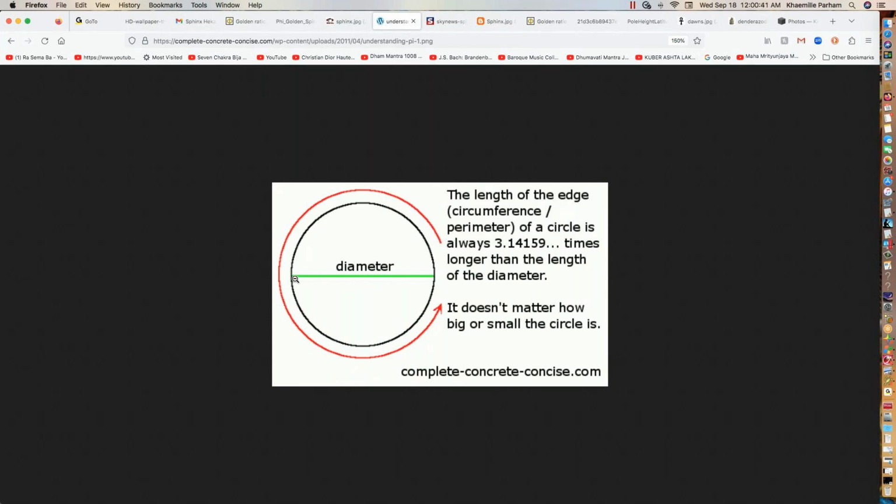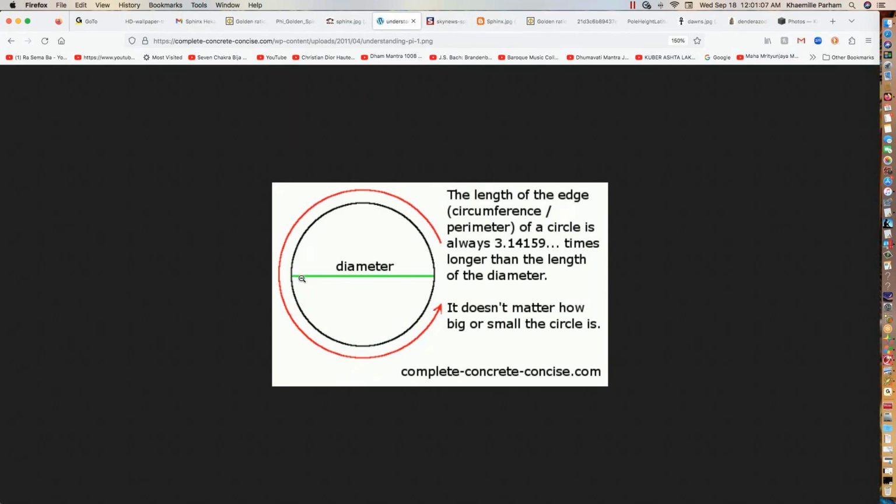Now, if you took this green diameter and you laid a string on it, let me explain exactly what 3.14 is talking about visually. If we have this green string, pi is the relationship between diameter to circumference or perimeter.